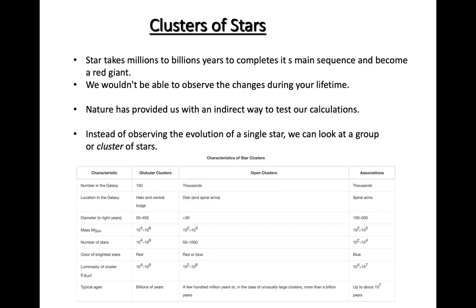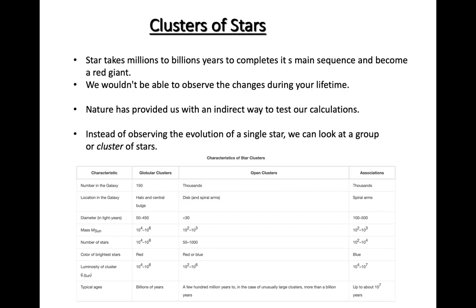Now, what we actually do when studying stars is take advantage of the fact that if you look at a sample of stars, you can have different kinds of stars spending different eras of their life. Some of them will be on the main sequence and some of them will be in the giant phase.